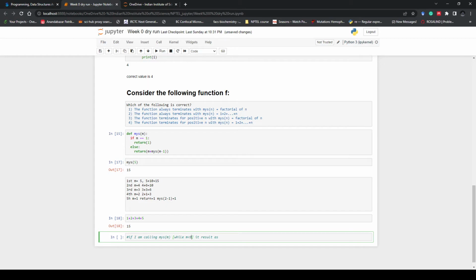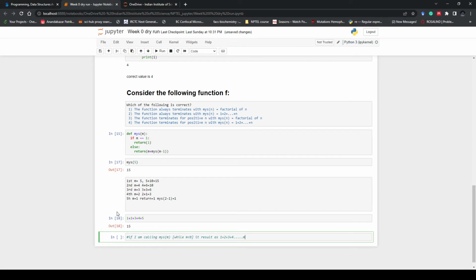This we have to check, right? So if m is greater than 0, then it returns the result as 1 plus 2 plus 3 plus 4 till m. That will be the result of the function.